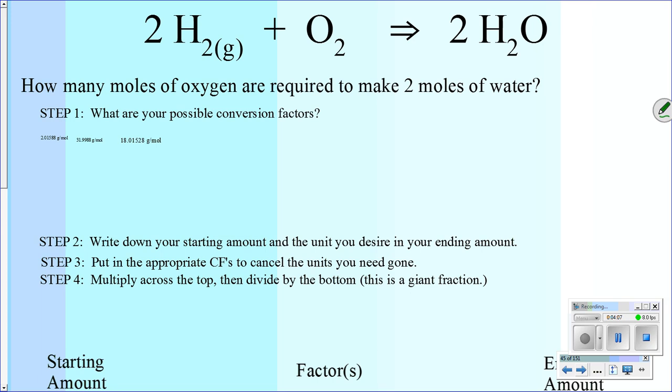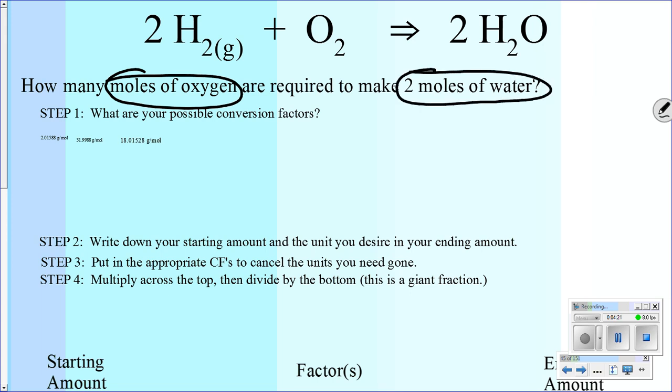So we can actually take a reaction and determine, based on what we're starting with, how much we should be able to produce. So if we want to determine how many moles of oxygen are required to make 2 moles of water. We already have the idea of conversion factors between grams and moles. Luckily here we're able to actually just stick with moles. So what I can tell from the problem is I can make a relationship between moles of oxygen and moles of water.